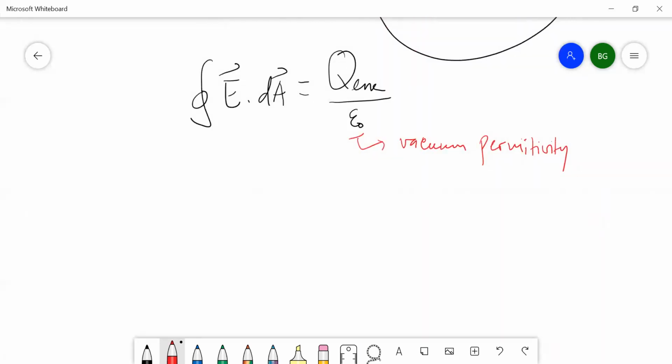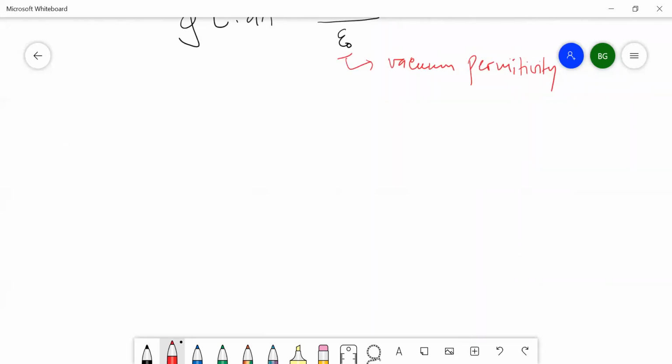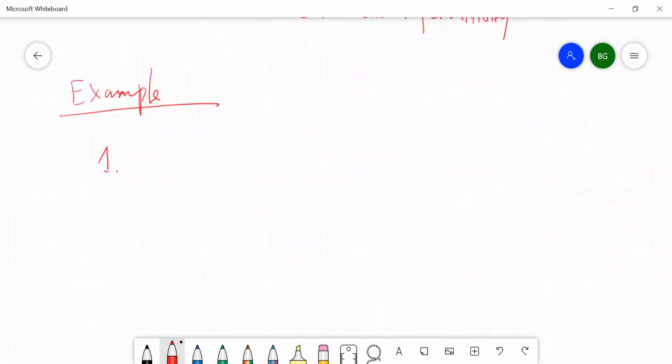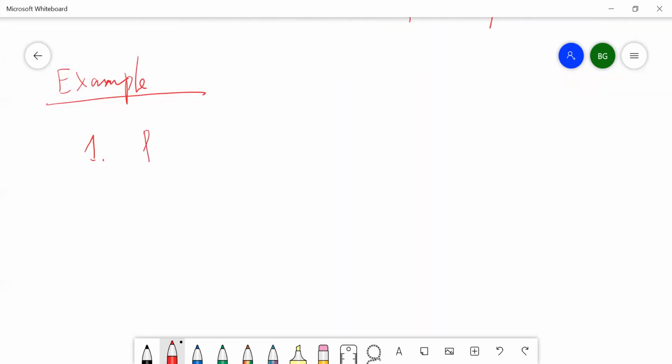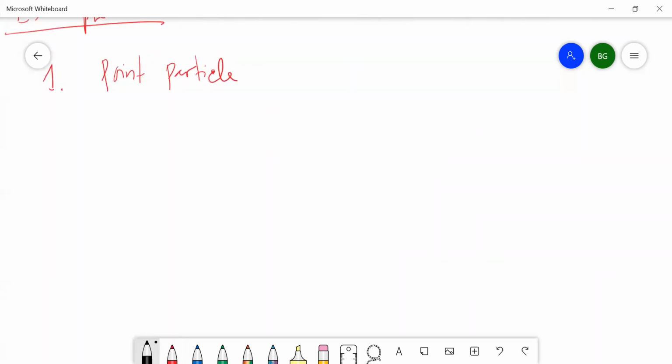What is Q enclosed? I will give an example. Number 1, we have a point particle, let's say this one. This is Q here.